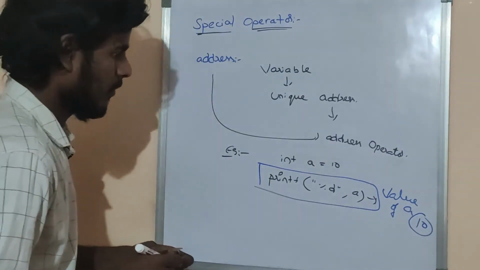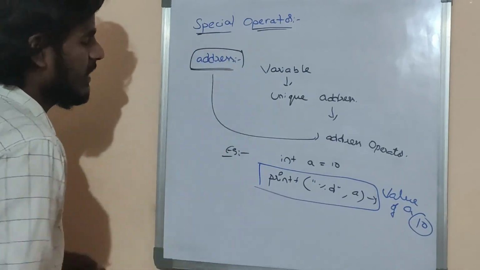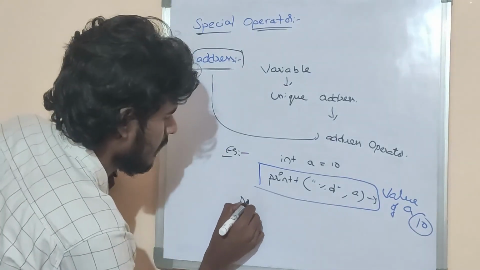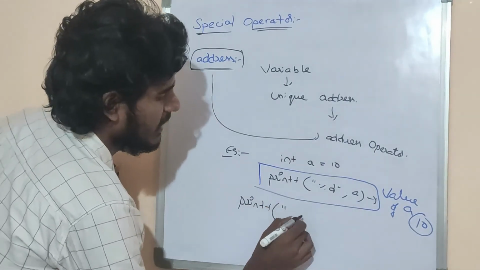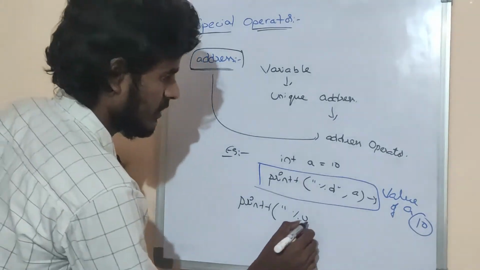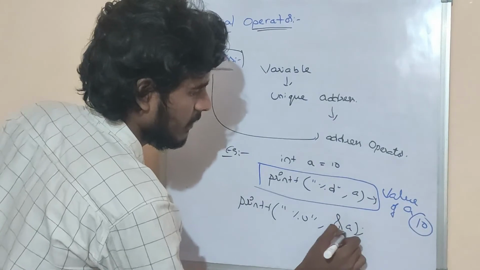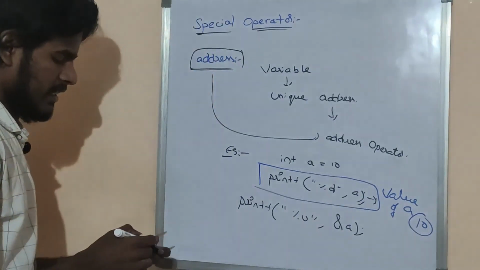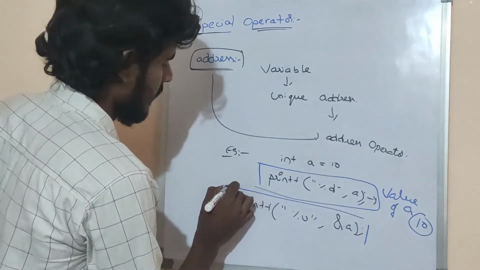Okay, listen carefully. We need the address. printf, we need address, so we can use %u, then address of a. Here it will return the address of a.